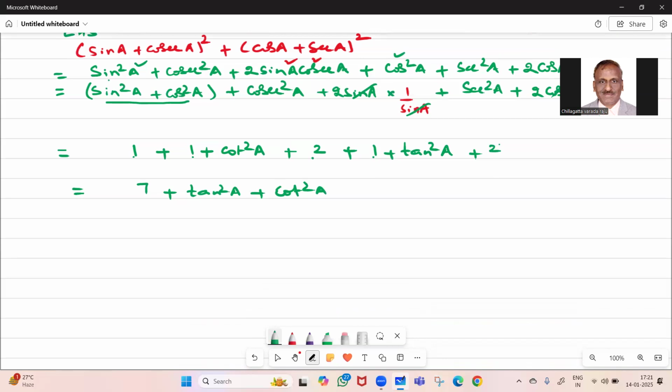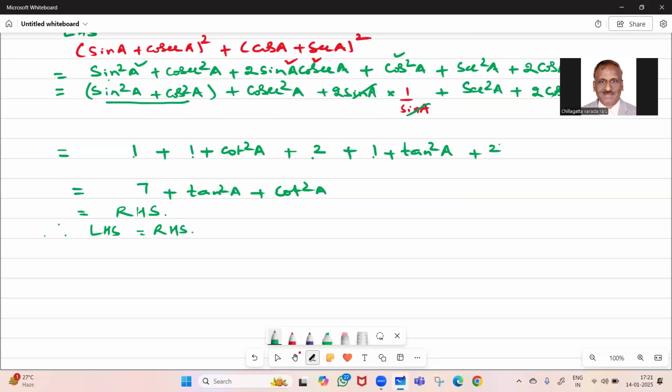So 7 + tan square A + cot square A is the right hand side of your given question. Therefore, LHS is equal to RHS. So we have proved the given condition.